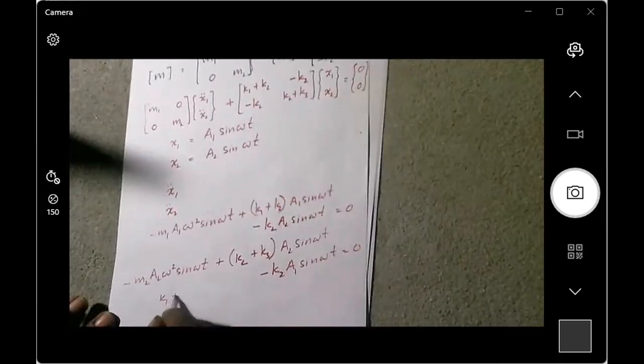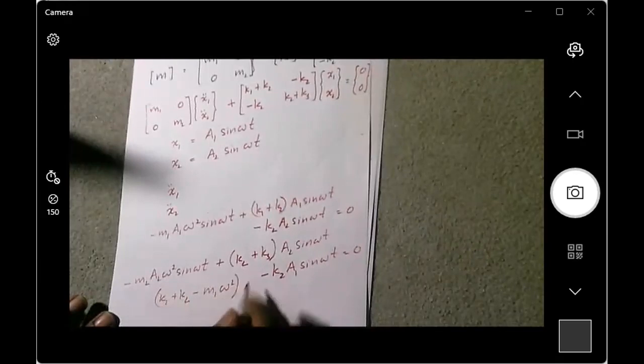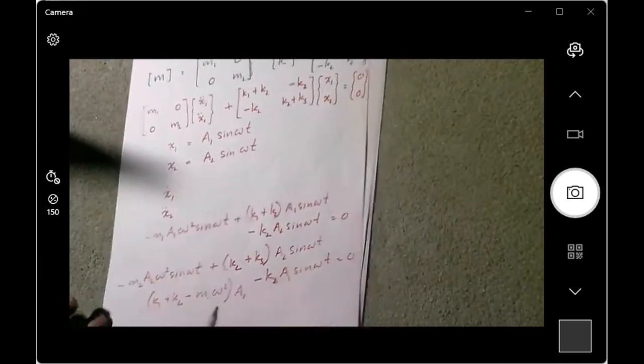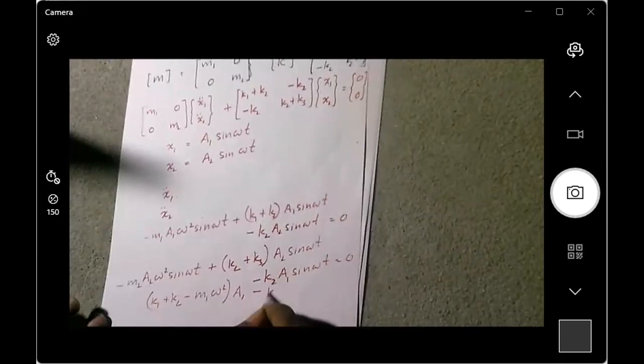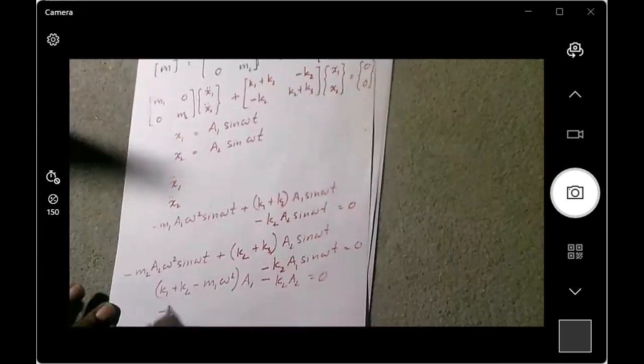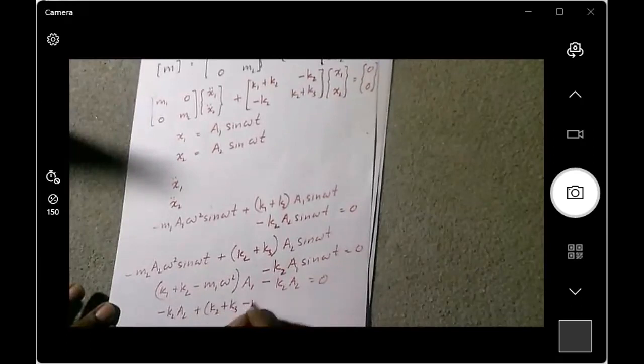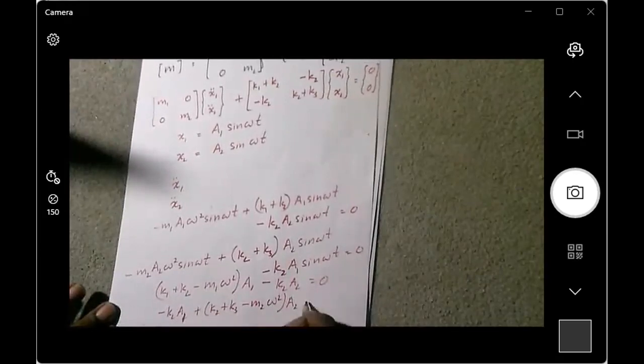K1 plus K2 minus M1 omega squared into A1 minus K2 A2 equals 0, and from the next one, minus K2 A2 plus K2 plus K3 minus M2 omega squared into A2. This should be A1, yes, equals 0.